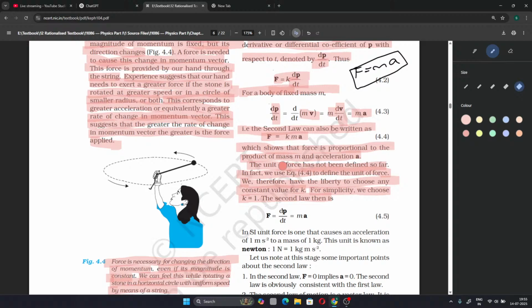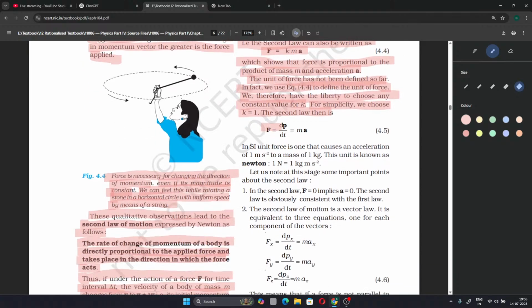The unit of force is the Newton, and it is kg meter per second square. When we accelerate a body of mass 1 kg by 1 meter per second square, the force applied is called 1 Newton.